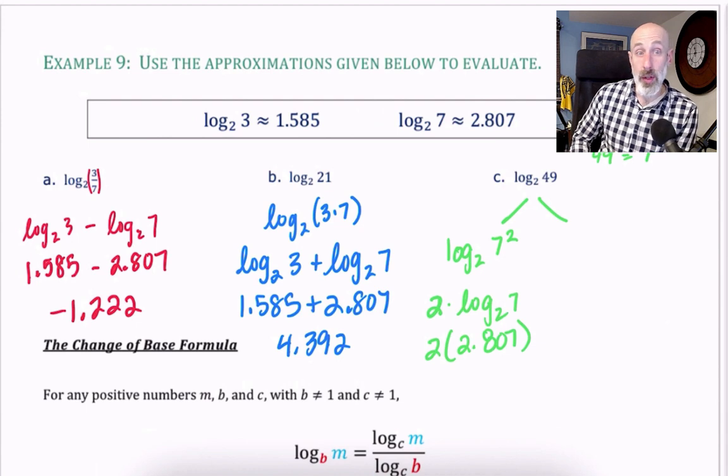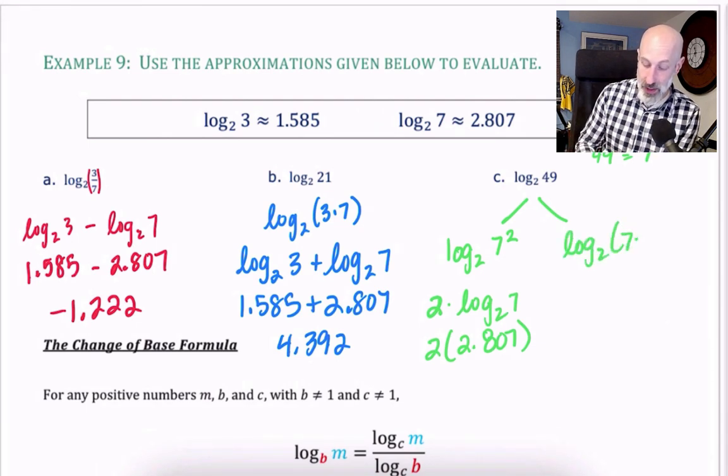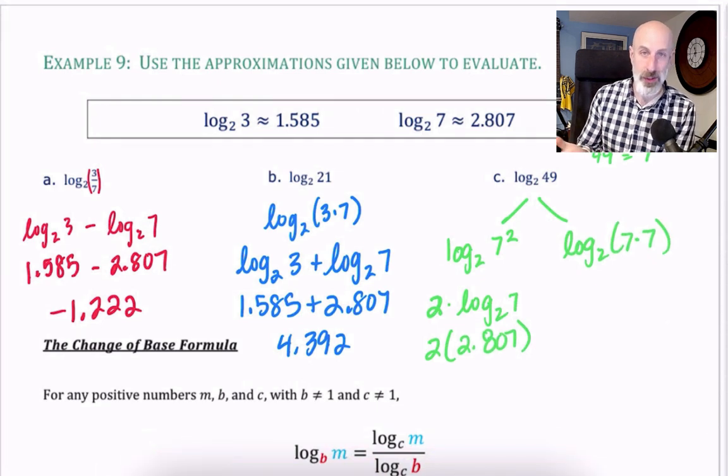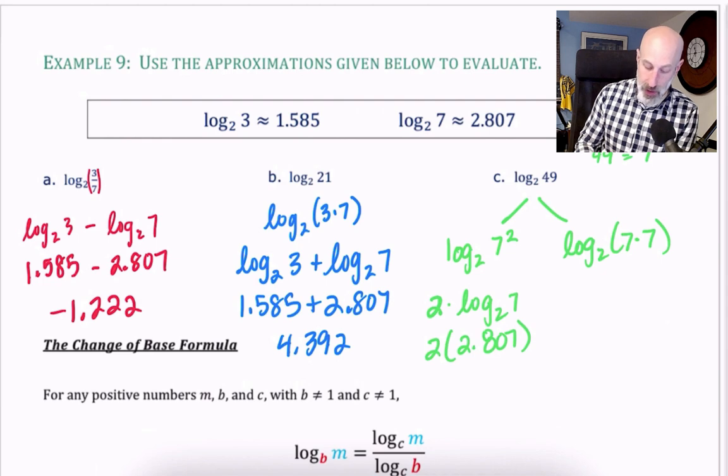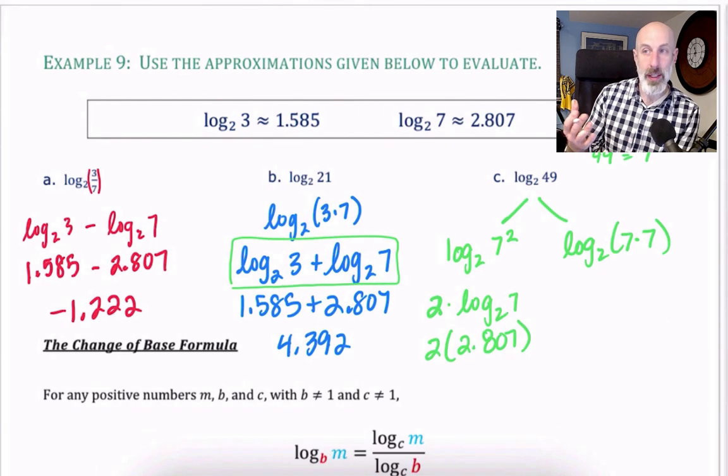Now, likewise, you can also simplify it as log base 2 of 7 times 7. It's what 7 squared is anyway, but if you do it this way, it turns into an addition problem. So it's going to look a lot like this step here, except both terms are going to be log base 2 of 7. So in this case, we would have 2.807.